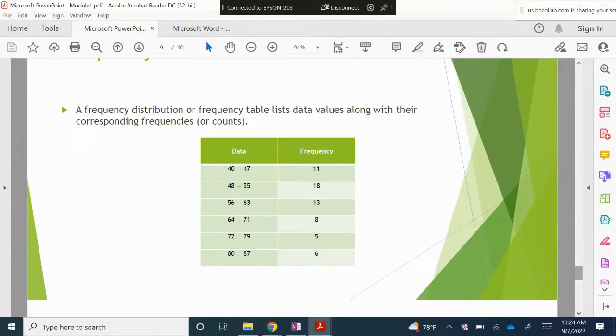First, I would have to add up all of the frequencies in this chart, 11 plus 18 plus 13 plus 8 plus 5 plus 6. And then for the relative frequency, we would divide 11 by the total. We're actually going to see a live example in a second. This slide was just to present a frequency distribution. So you would take the frequency for a particular class and divide it by the total frequency for that distribution.